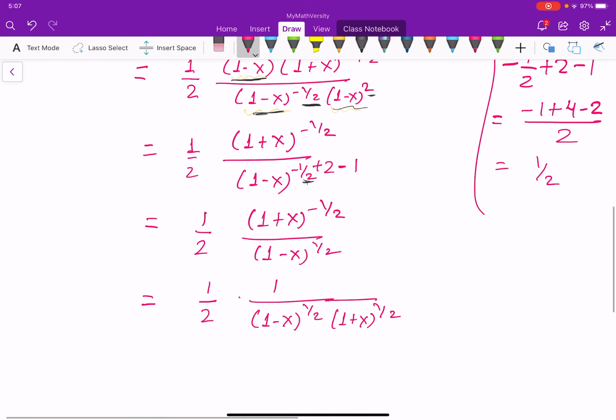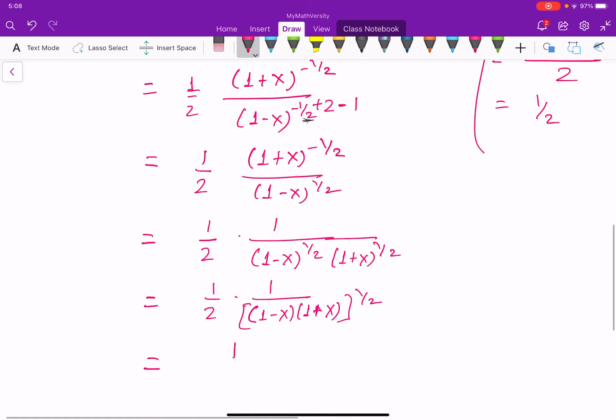And since both of them have the same power 1 half, we can combine them over here: 1 minus x times 1 plus x, and everything raised to the power 1 half at the bottom. If that is the case, then this is 1 over 2 times, now changing the exponent into the radical, the square root of 1 minus x times 1 plus x. If you do that, this will be just 1 minus x square.